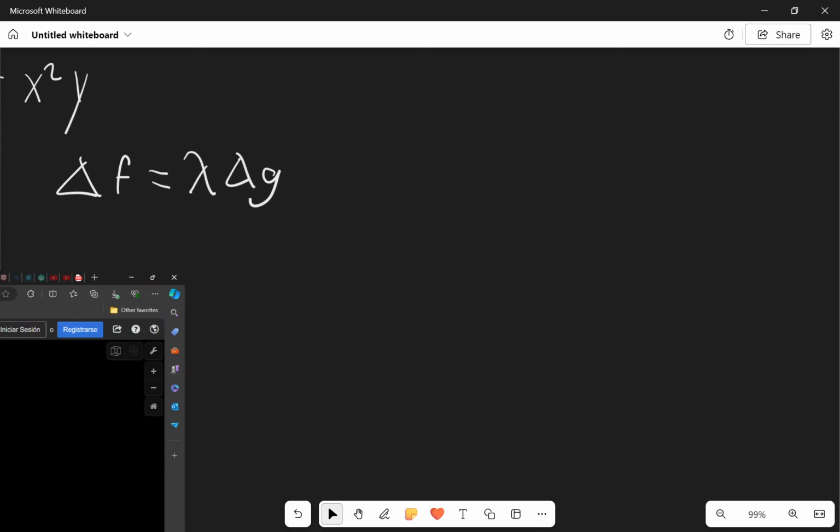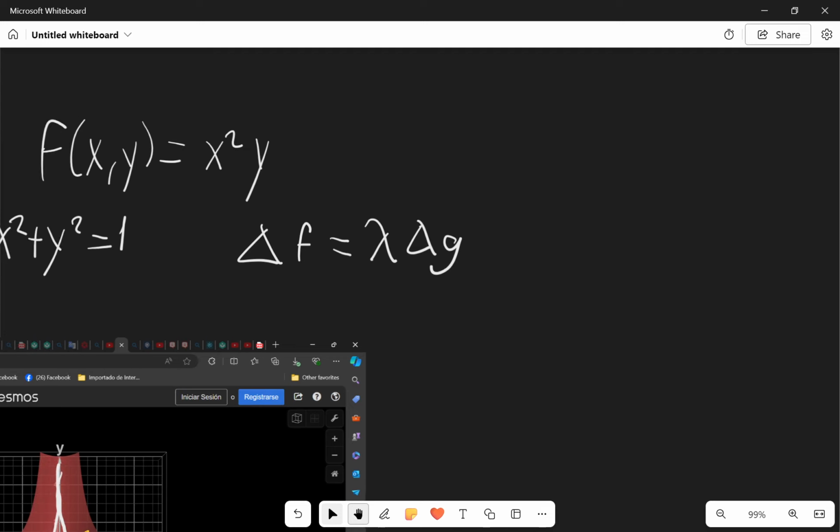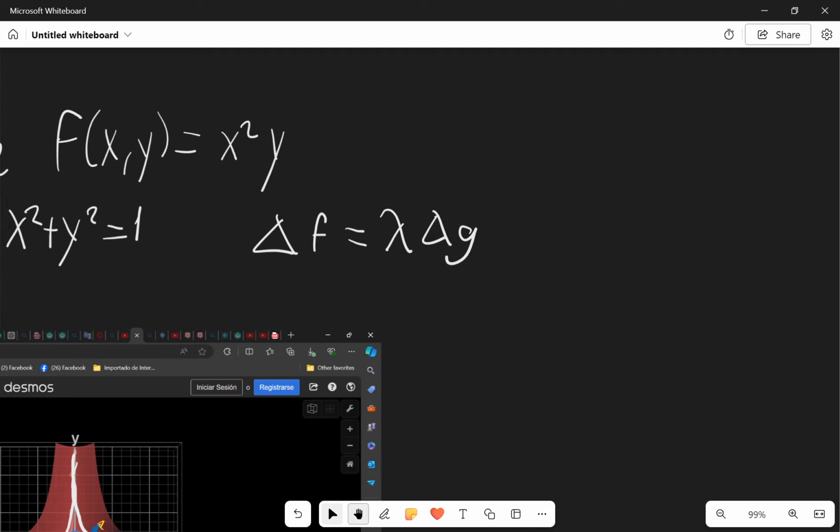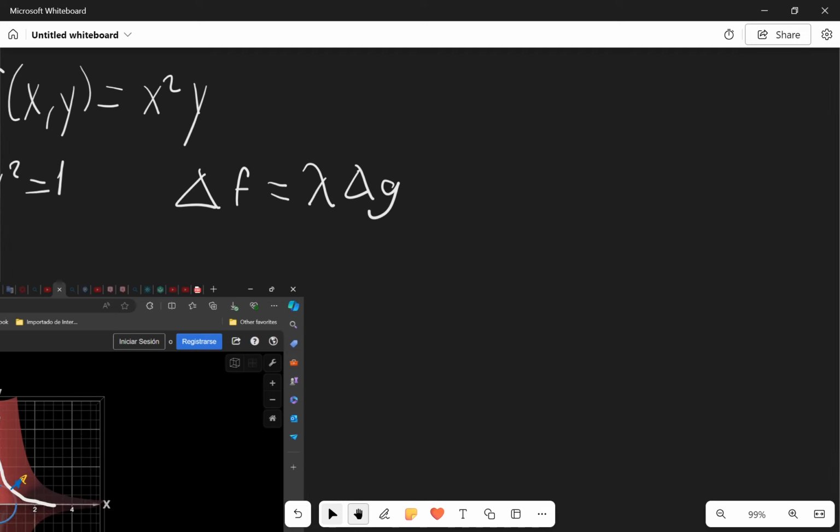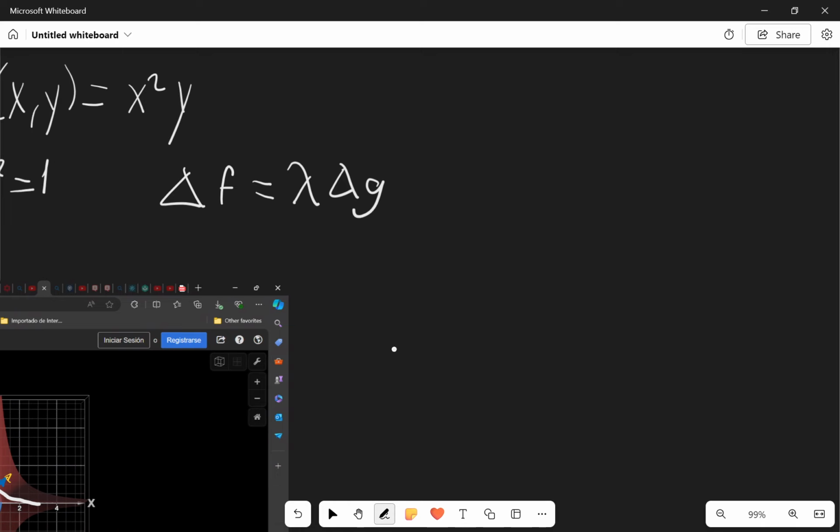So we have the gradient of f. We have that f is equal to x squared times y, so its gradient is equal to 2xy, and in the y component it will be just x squared.